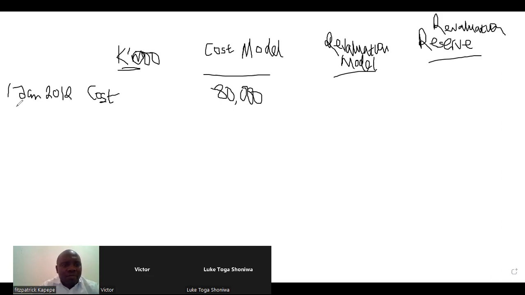So we have depreciation, which will be 80 divided by 20 times 3 years.